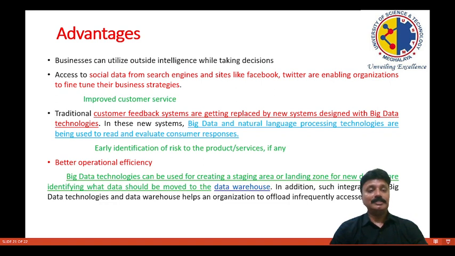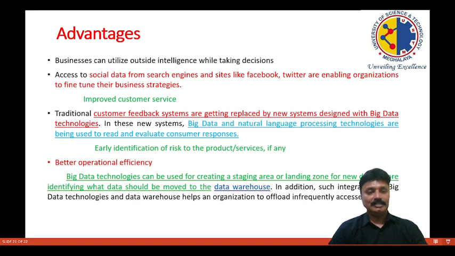So the advantages of big data analysis: the business can utilize outside intelligence while taking decisions. Access to the social data from search engines and sites like Facebook and Twitter enables organizations to fine-tune their business strategies, which is used to improve the customer services.